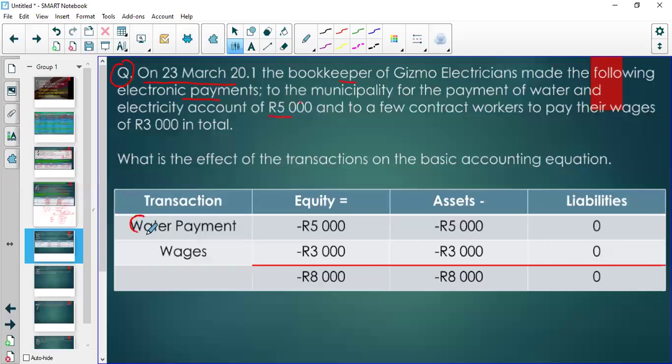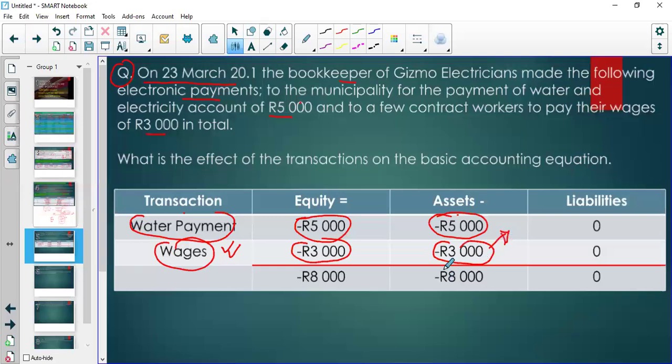So the water and electricity payment reduced equity because it's an expense that was recorded, and the payment also reduced assets because the money went out. Then we also paid 3,000 to salaries and wages. So what that does is it reduces equity because it's an expense that was recorded, and it reduces assets because the money went out.